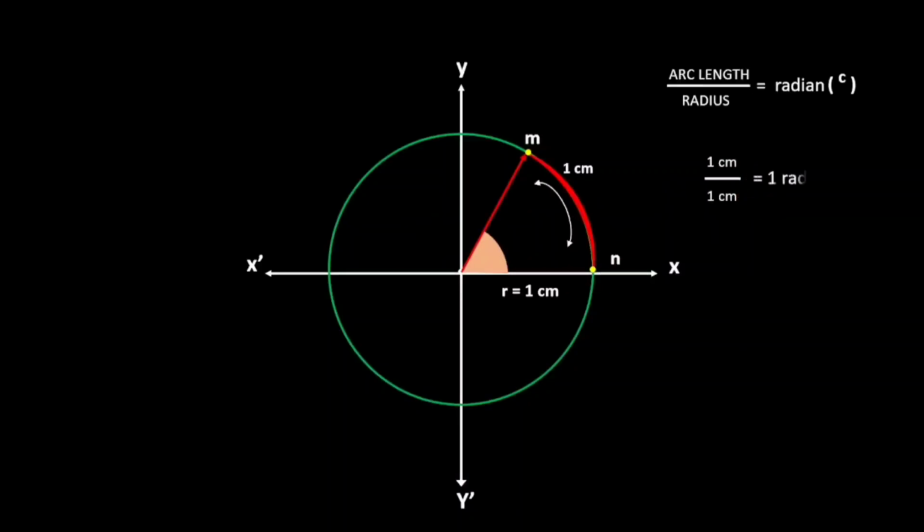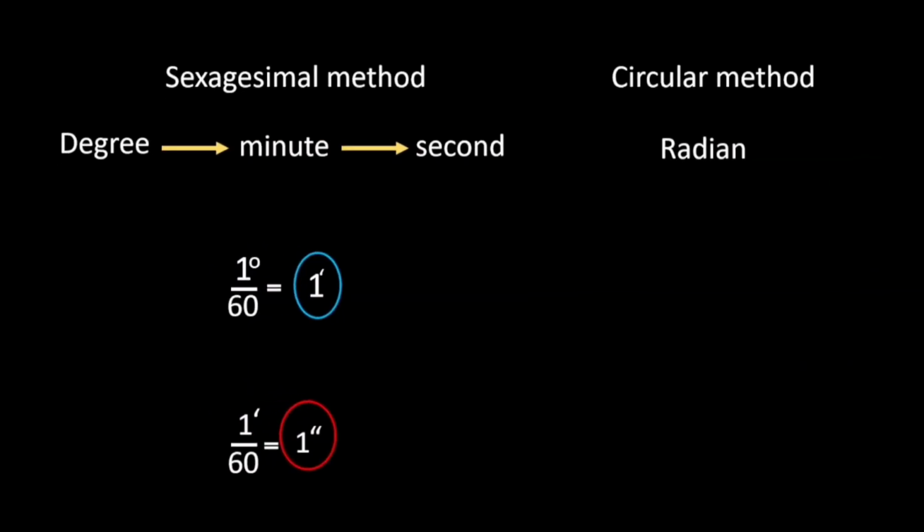So when we divide, we get the magnitude of this angle is 1 radian. And 1 radian equals 57.27 degree. So I hope you understand how we can measure an angle in radian. And we can easily relate radian and degree to each other by remembering this formula that 1 radian equals 57.27 degree.